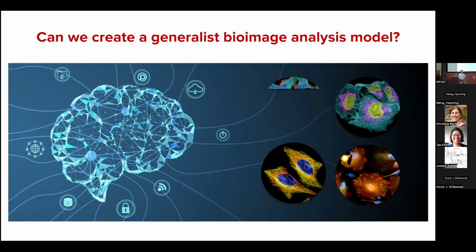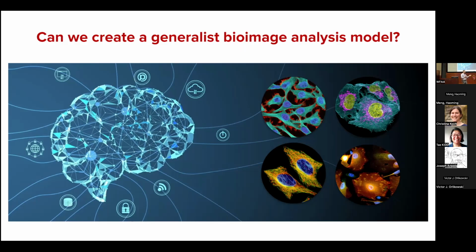So for cell phenotyping, our goal or our challenge is to create a generalist model for bioimage analysis that can help us answer more quickly the question of whether one treatment is working or not. As I mentioned before, there are automated robots that can accelerate the pace of biological experiments, but now the bottleneck is the data analysis.